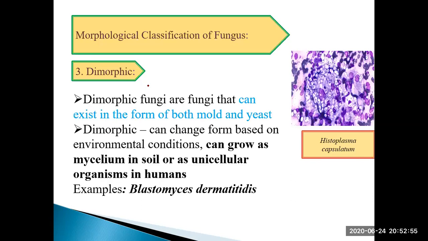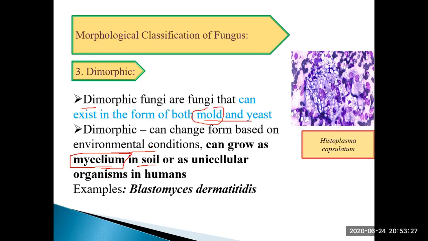Now our third one is called dimorphic. So what are dimorphic fungi actually? The word di means double, two. These fungi actually exist in the form of both mold and yeast, so they are called dimorphic fungi. How? Actually, they can change with the environmental condition. If it is in soil, it grows as a mycelium, and this is a characteristic of mold.